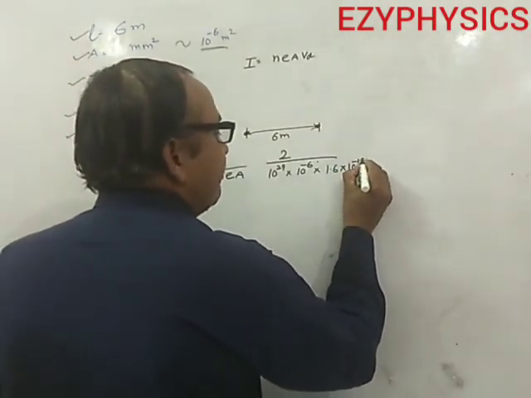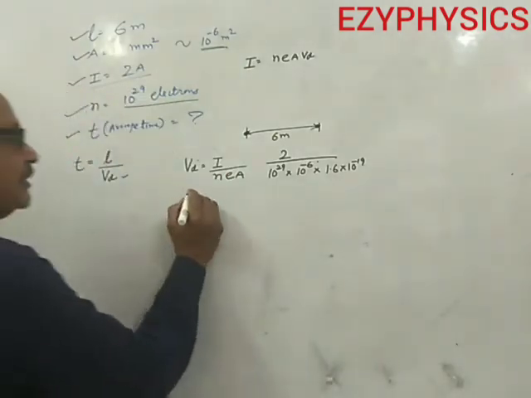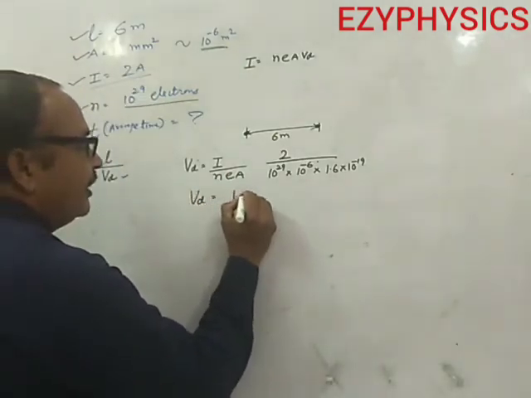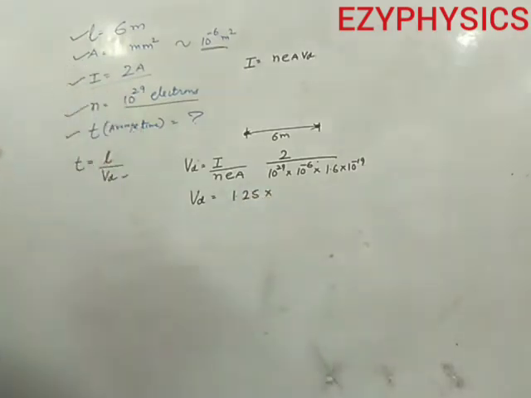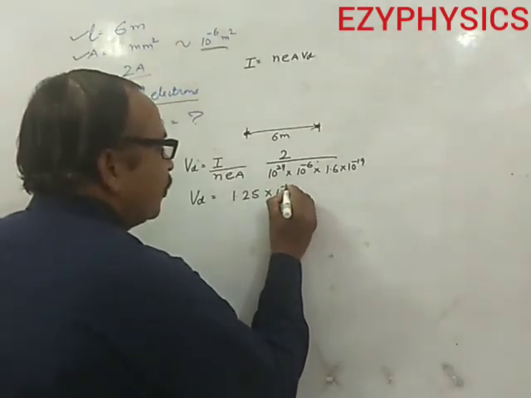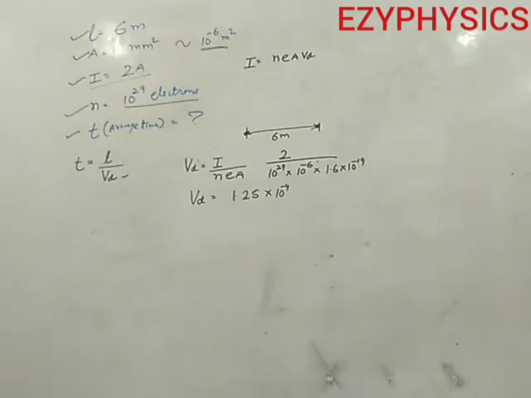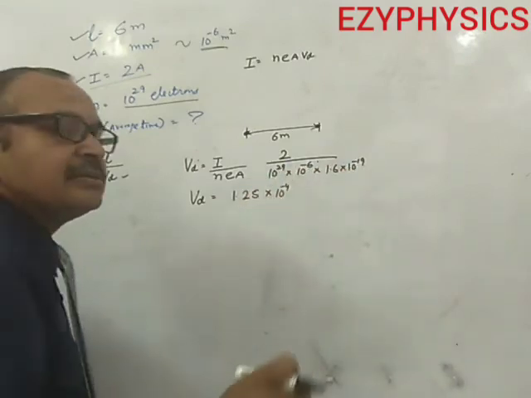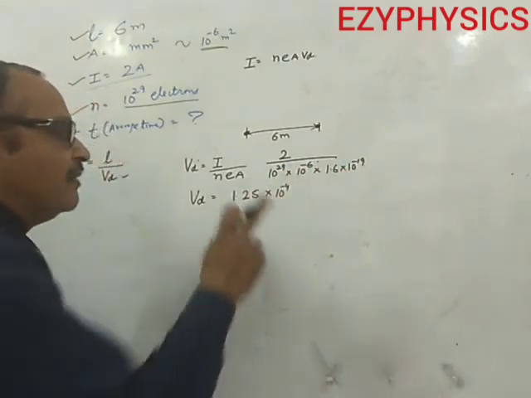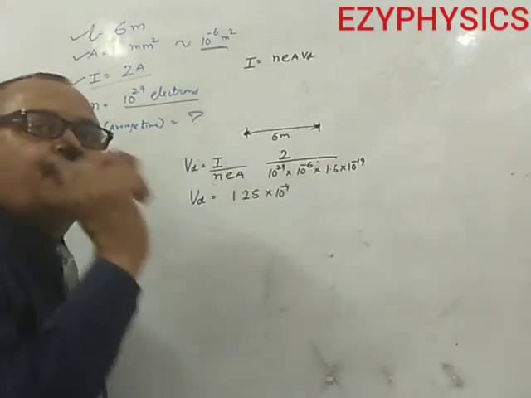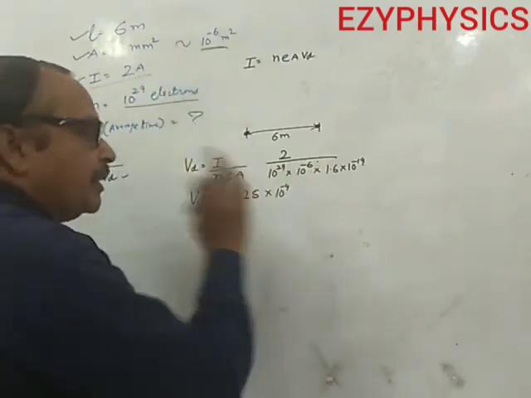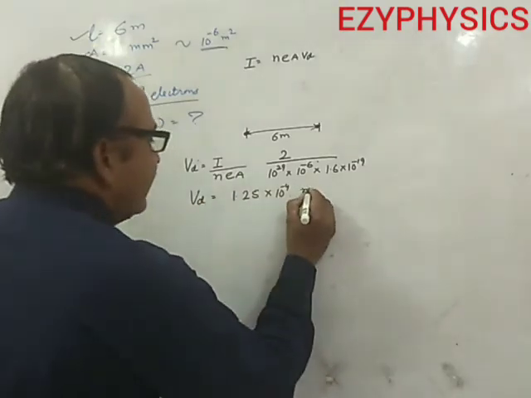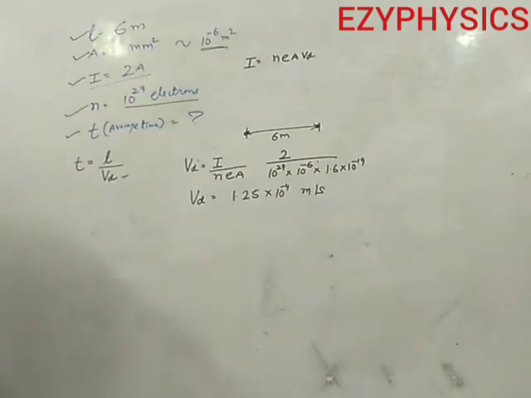When I solve this, I get Vd is equal to 1.25 into 10 raised to the power minus 4. Okay, 19 and 6, 19 and 6 is 25. So 29 minus 25 is 4. And when this 4 goes up, it becomes minus 4. So this is the velocity of movement of the electrons from the conductor.